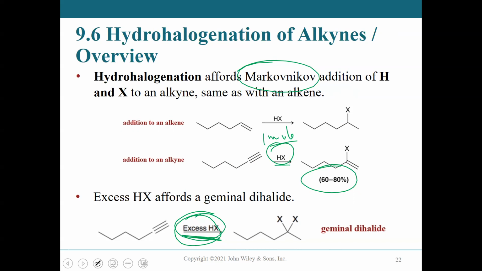But now, just look at the answer key for those and apply whatever the answer key tells you. From now on, starting with you, I will write the word excess. If you just see HX alone, that means it's a 1-to-1 ratio. If you see the word excess, that means you have to use a lot of it, so go all the way in the case of alkynes, okay?